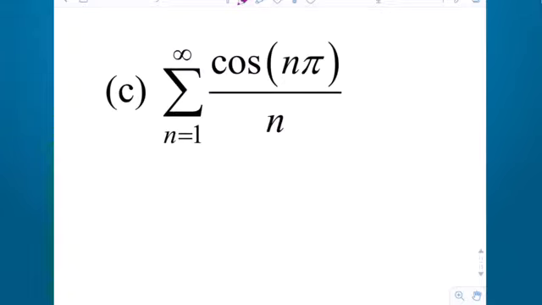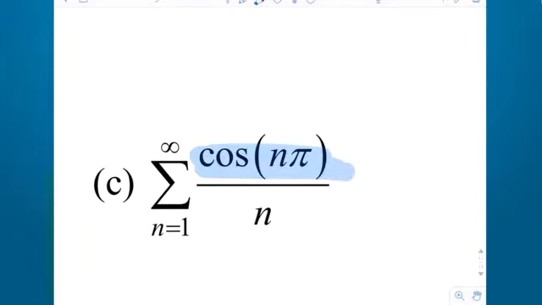When n is 3, I get cosine of 3 pi, which is negative 1. Is that contributing only a sign, or is it contributing also a magnitude? For positive integer values, 1 pi, 2 pi, 3 pi, 4 pi, cosine is going to alternate 1, negative 1, 1, negative 1, 1, negative 1.